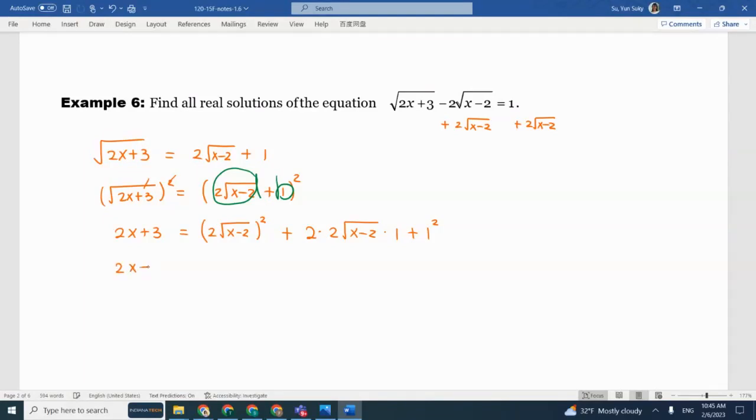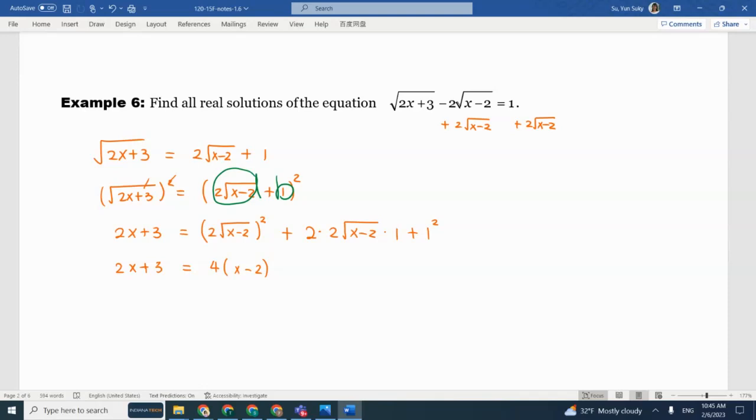So 2x plus 3. Okay. Here, what is 2 squared? 4. Right, everybody? And then do you see we get the square root of x minus 2, squared? Then they cancel. We get x minus 2. Is everybody okay with that?